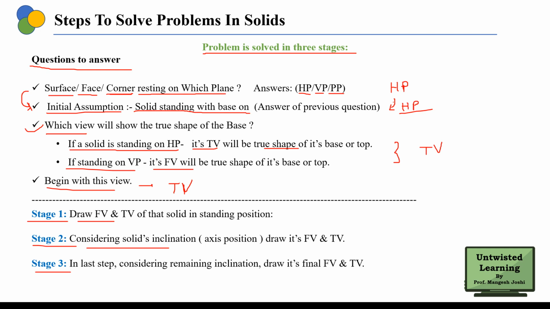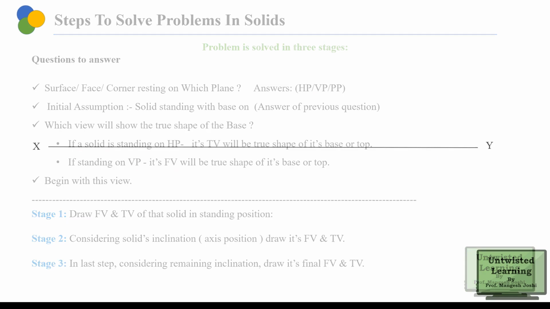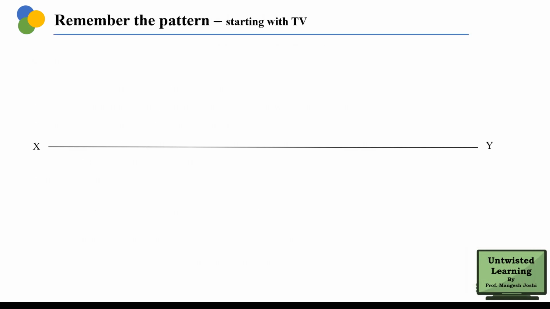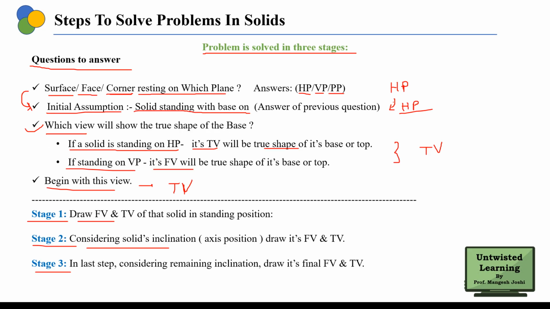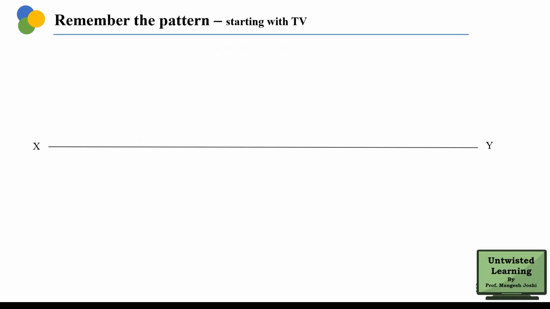Even if there are some confusions at this stage, let us understand with the help of an example. But before moving on to the example, remember the pattern of solving the problem. In the previous section, you have identified that we have to start with the top view. So just remember the pattern.